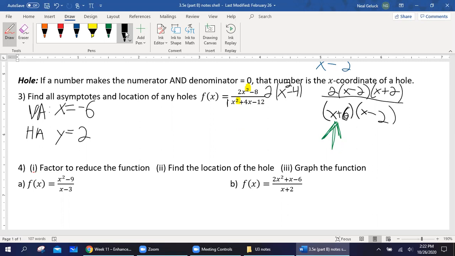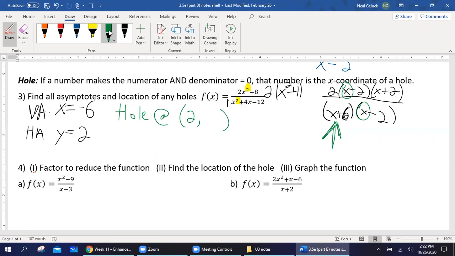But now this one has a hole because the number 2, there or there, 2 makes the denominator and the numerator equal 0. So this means there is a hole at, now the hole is an x and a y point. This is where things get funky. So it's 2, comma, something.